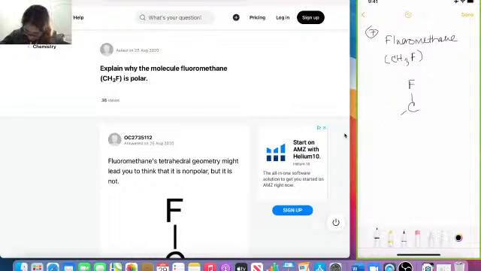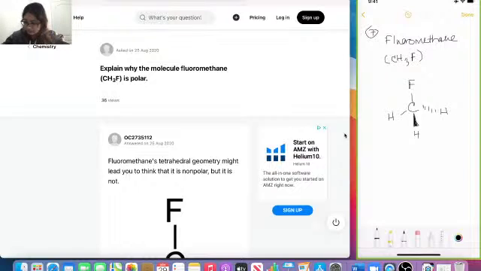F, we have H, actually let me write this like this, H, and then you have a wedge right here, this is your H, and this is going behind, right? So it's back of the plane. This is your other hydrogen.